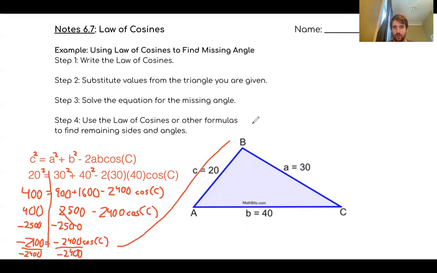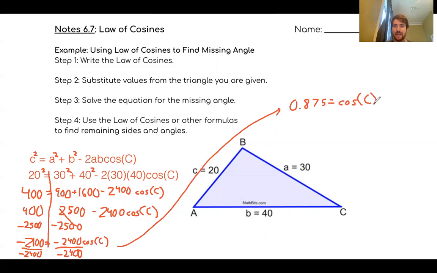I'm going to bring this up over here. So negative 2100 divided by negative 2400 is equal to 0.875. And that tells us that 0.875 equals the cosine of C.